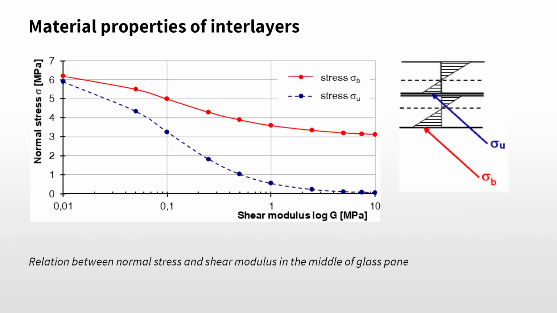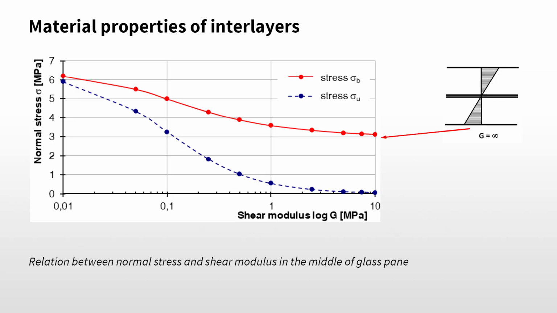The blue curve shows the normal stress on the tensile side of the upper ply, while the red curve corresponds to the normal stress on the tensile side of the lower ply. It is obvious that the full shear coupling between the glass plies occurs when the shear modulus is close to 10 megapascals. In this case, the normal stress on the tensile side of the upper pane is equal to 0.